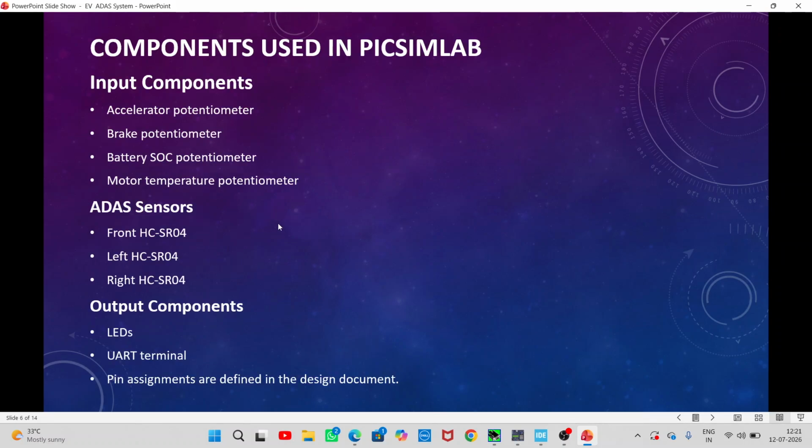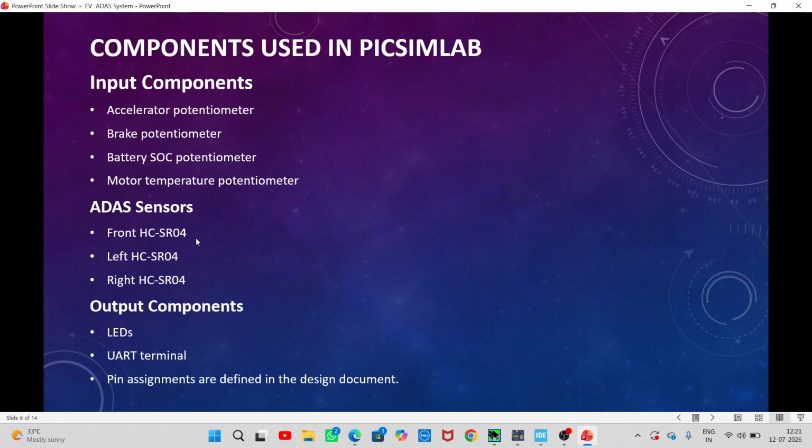What are the components used in PICSimLab? As I said, PICSimLab is used for simulation purposes. What components does it need? First, input components: the acceleration potentiometer, brake, battery SOC, and motor temperature. Then ADAS sensors: we use three ultrasonic sensors.